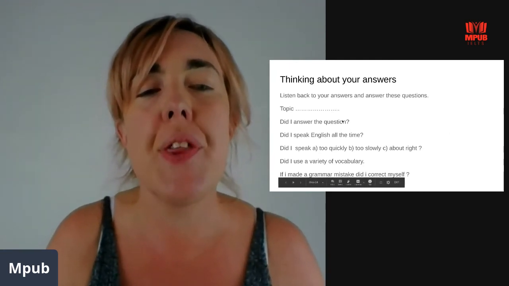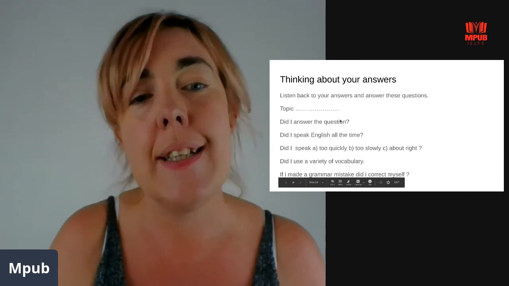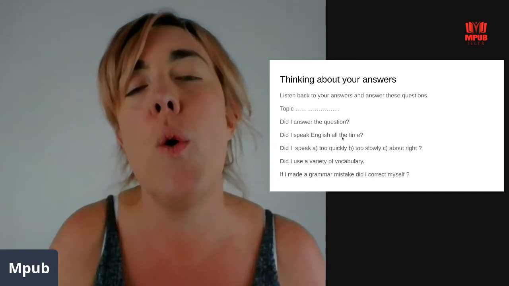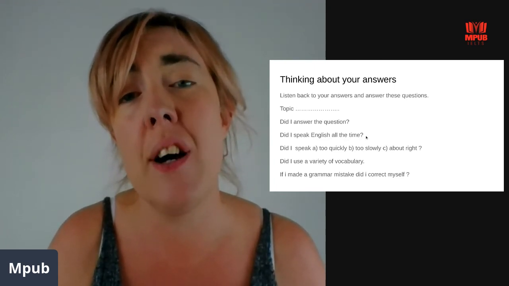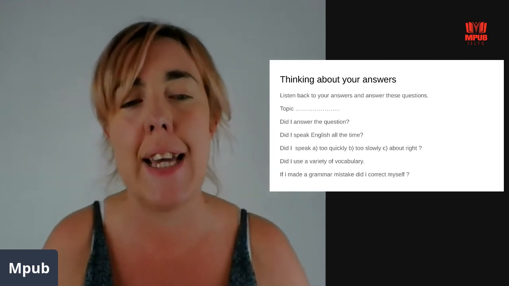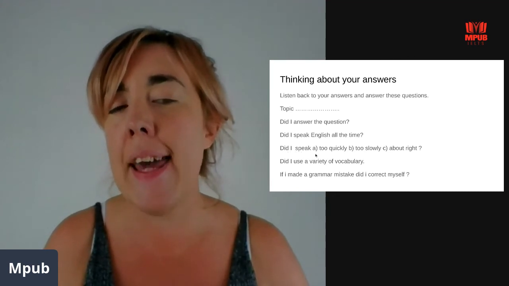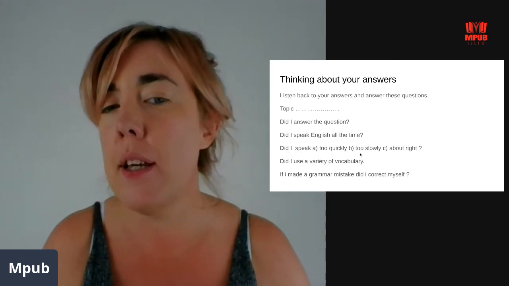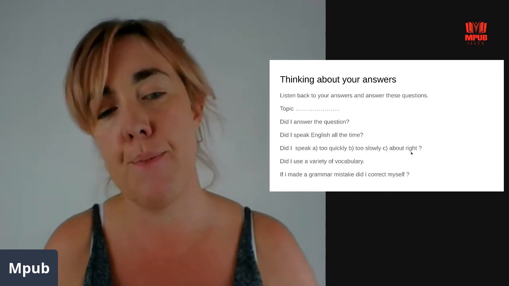And then I want you to think about your answer. Did I answer the question? Did I speak English all the time? I know sometimes if you forget a word, it's easy to just say it in your language, but try and say it in English. Then think, did I speak A, too quickly, B, too slowly, or C, about right?